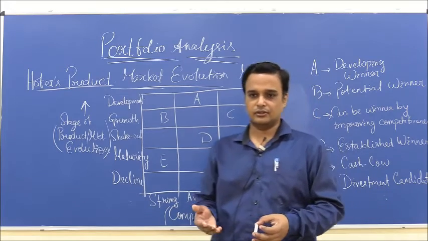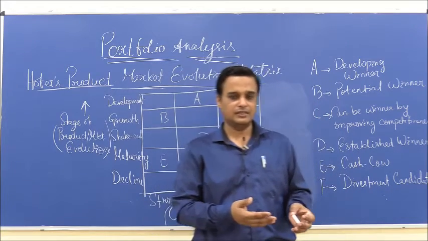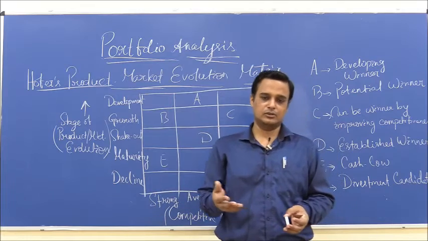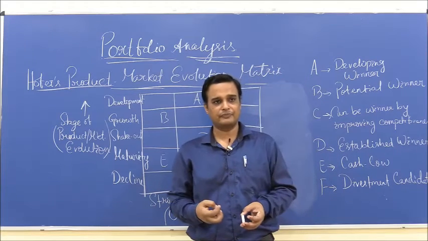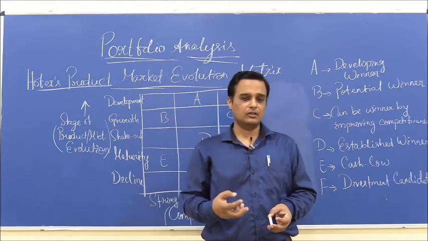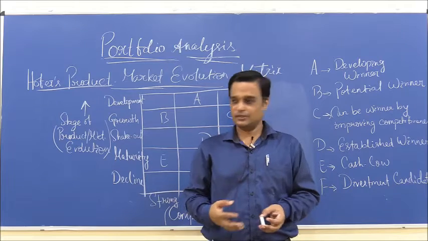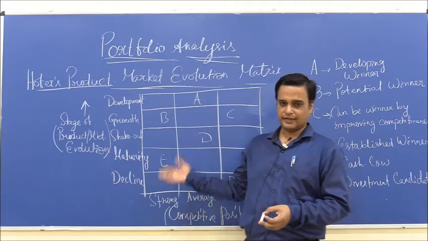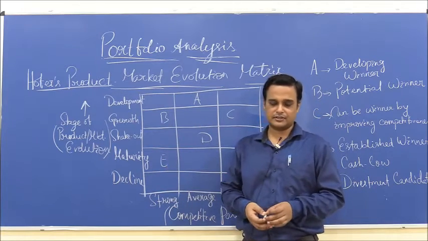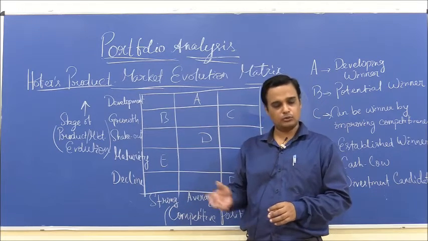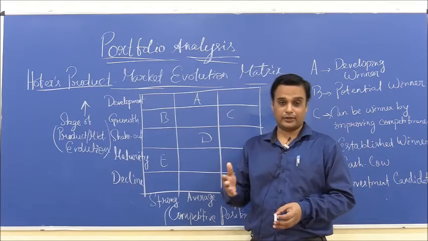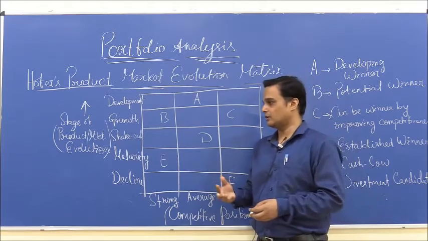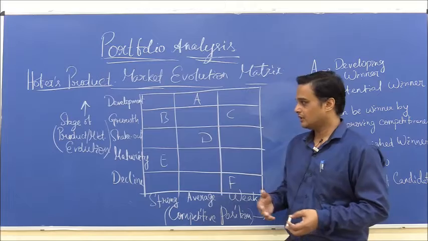Some authors also have a pre-introduction, some authors also include a shakeout of the product. Similarly, for the market also, according to Hoffer's diagram, we have 5 very specific stages through which a market progresses, the life cycle of a market or a market evolves.